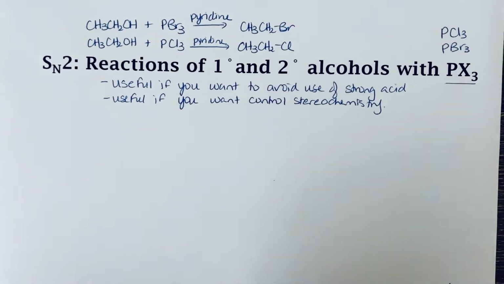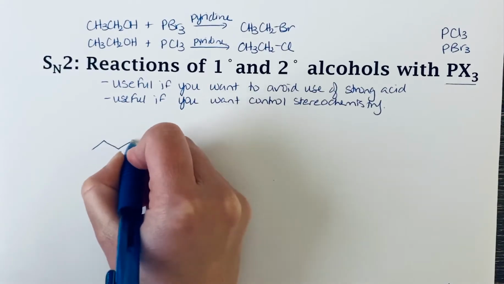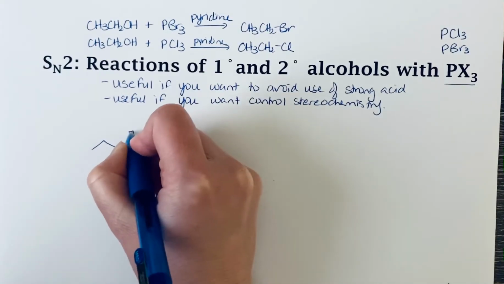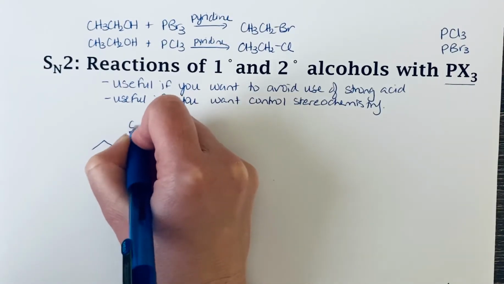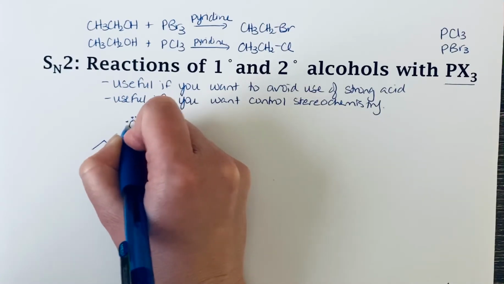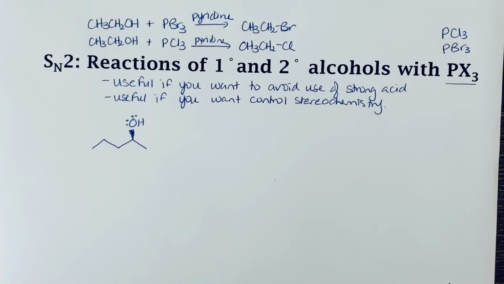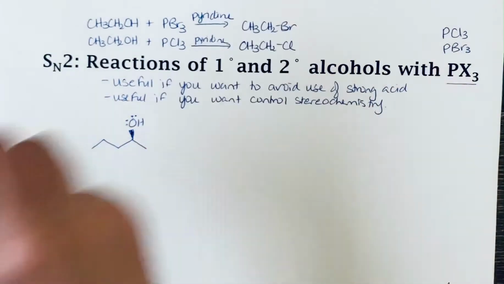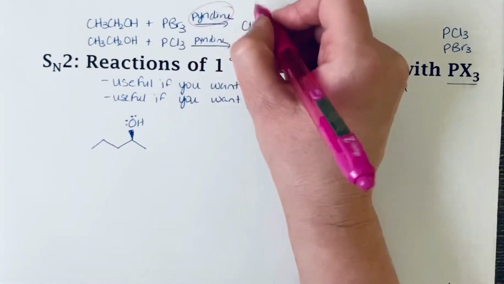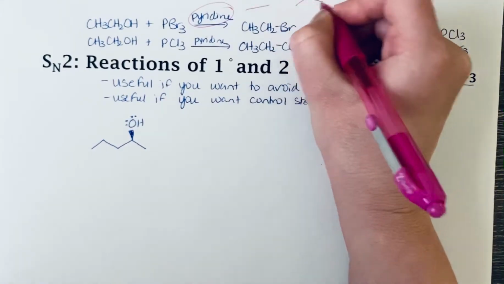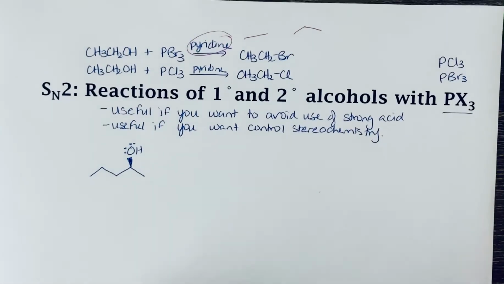So I am going to draw an alcohol that happens to have a chiral center. So I'll just make a small secondary alcohol. And we'll take a look if we react this with PBr3 and pyridine. And so what pyridine is, before we get started with this, pyridine is a base and it has this structure.